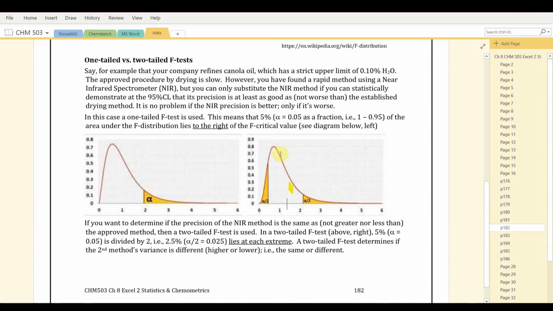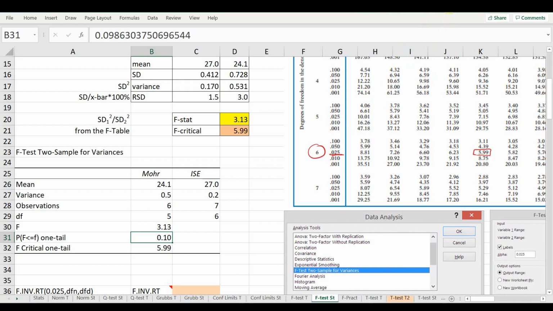Recall in our two-tailed F-test diagram, we're only considering half the area, the upper half, and so 10% is here, another 10% is on the low side. So the probability is actually 20% that the difference between the two methods is actually due to random error.